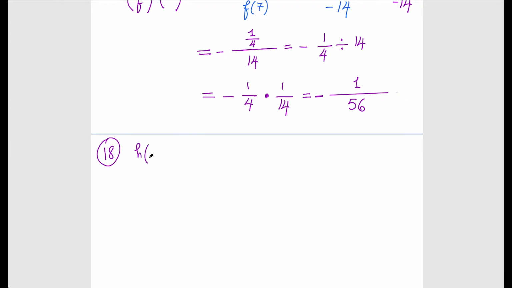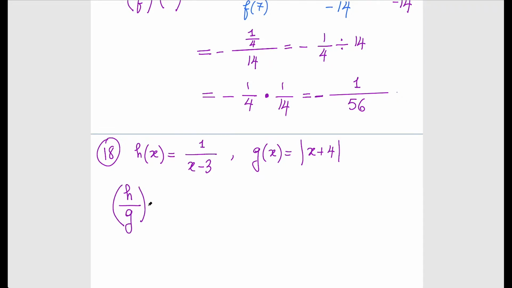What's h of x again? h of x is 1 over x minus 3, and g of x is the absolute value of x plus 4. The question is to find h divided by g evaluated at negative 4.